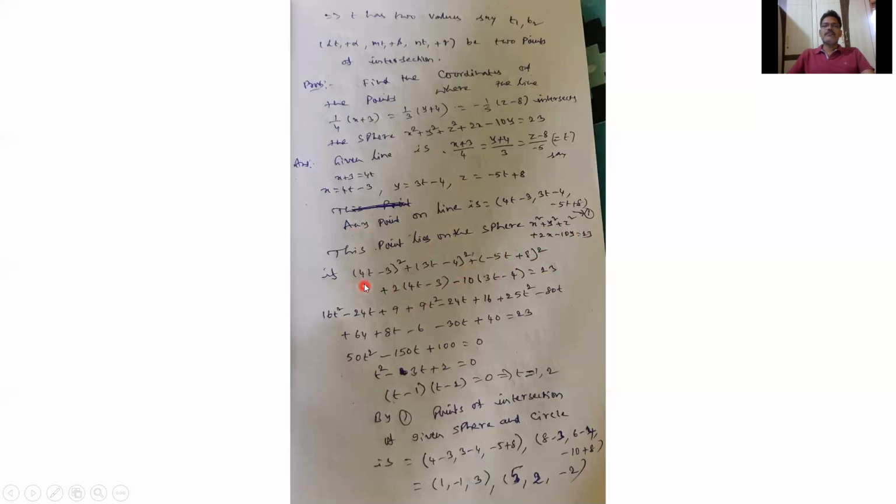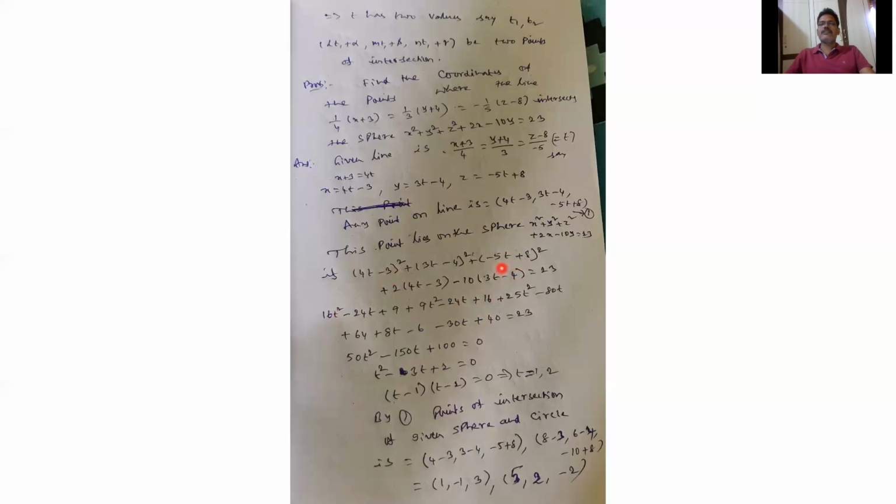From this, (a - b) whole square, we know the formula is a square minus 2ab plus b square. a square means (4t) whole square, 16t square, minus 2ab means 2 into 3 into 4t, 24t, plus b square, 3 square is 9. Similarly here, 9t square minus 2 into 3t into 4, minus 24t, plus b square, 4 square 16.